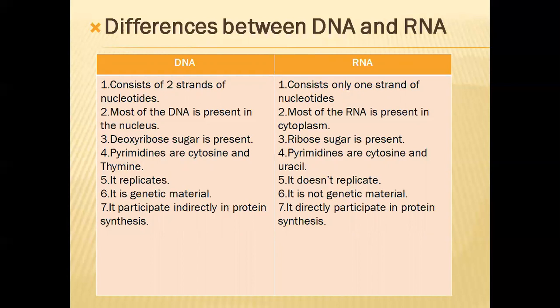In DNA, deoxyribose sugar is present. In RNA, ribose sugar is present. In DNA, what are the pyrimidines present? Cytosine, thymine. In RNA, what are the pyrimidines present? Cytosine and uracil. And DNA replicates through autocatalysis and produces daughter cells from one molecule of DNA. But in RNA, there is no replication.